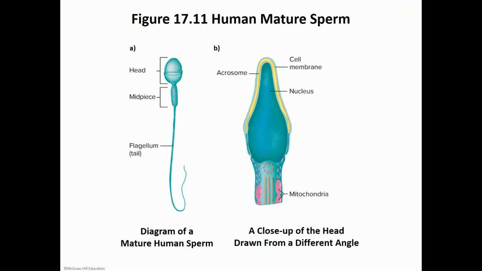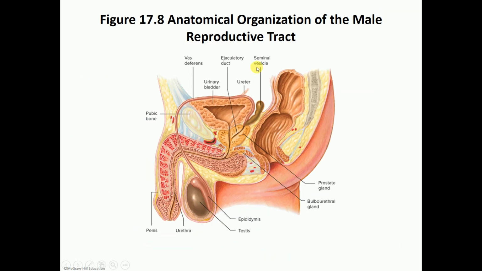So I'm going to go back to the image that we started off with. So emission would be due to the contraction of the smooth muscles in the epididymis and the vas deferens, pushing the sperms throughout the course and gathering the secretions from the seminal vesicles, the prostate, and the bulbourethral glands.